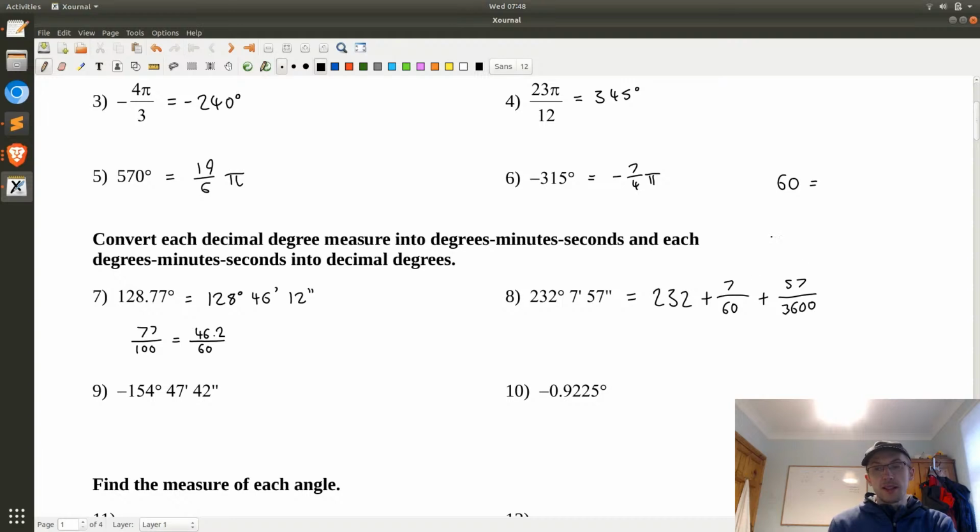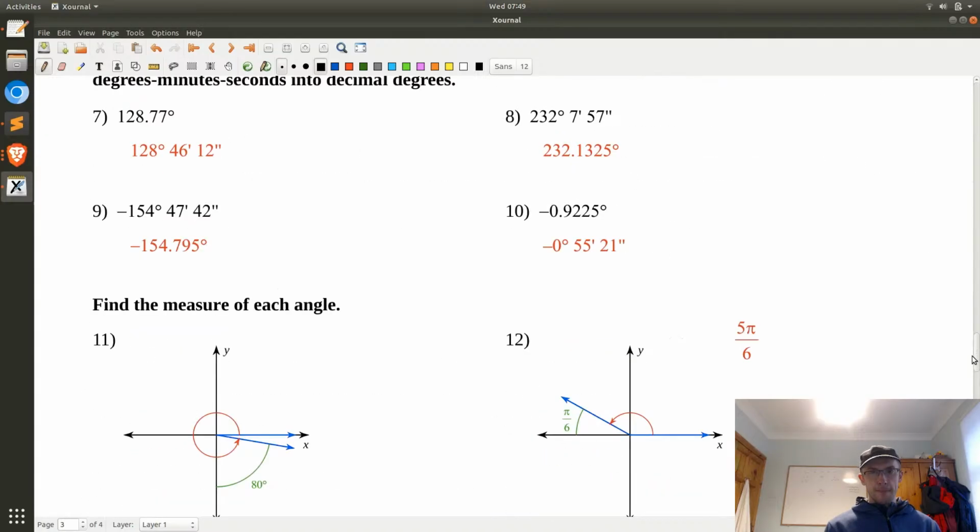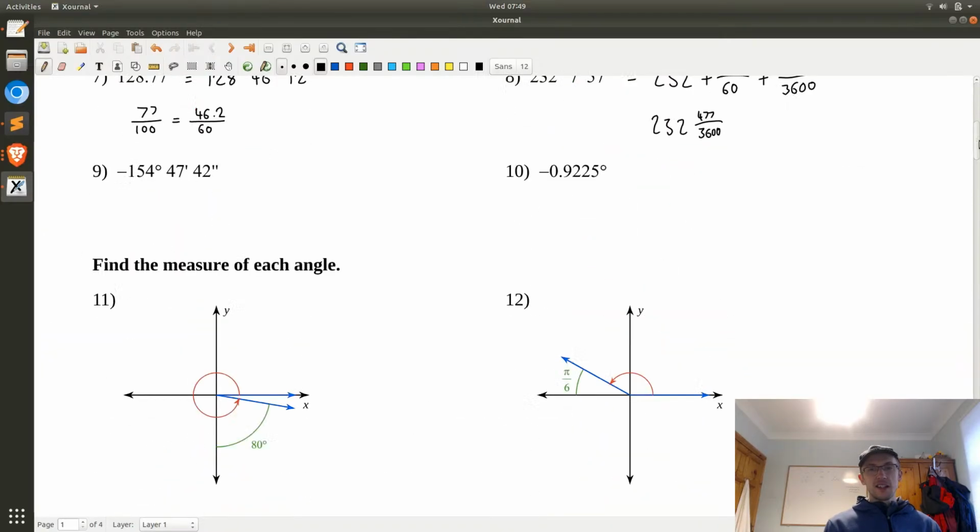So I get 232.015, 0.016. Okay, totally wrong. Need to learn how to do this.